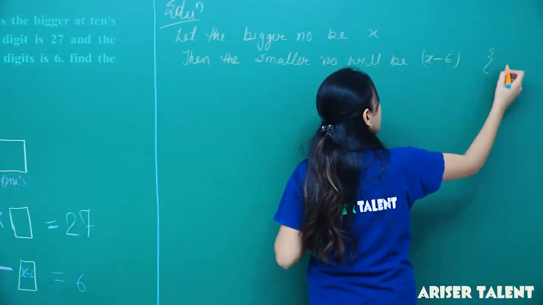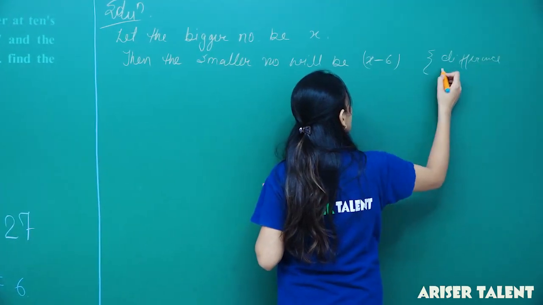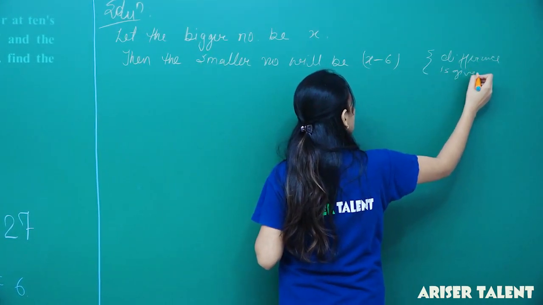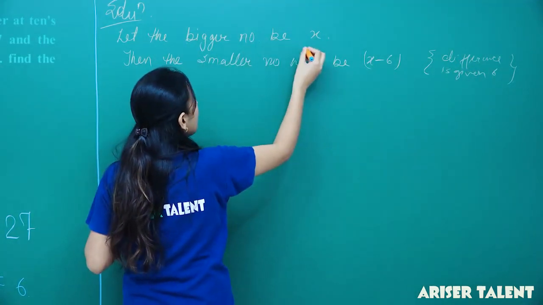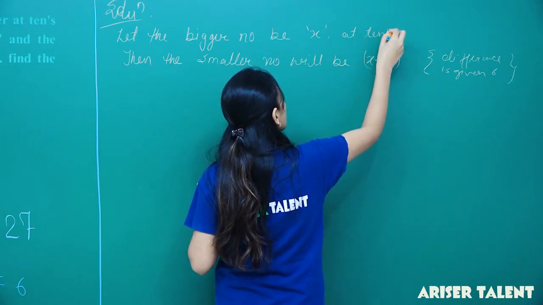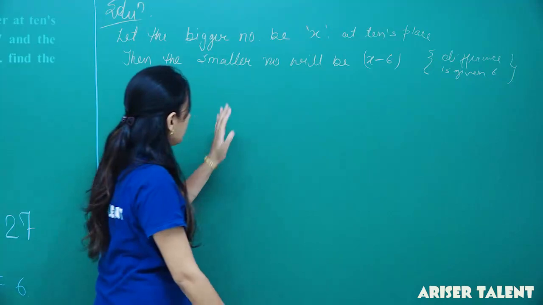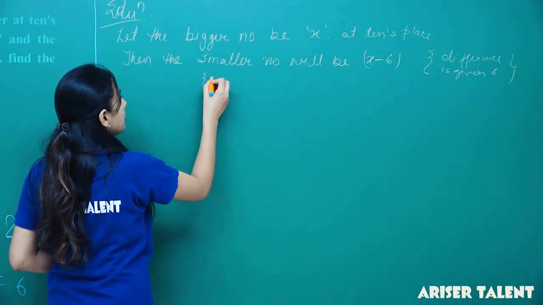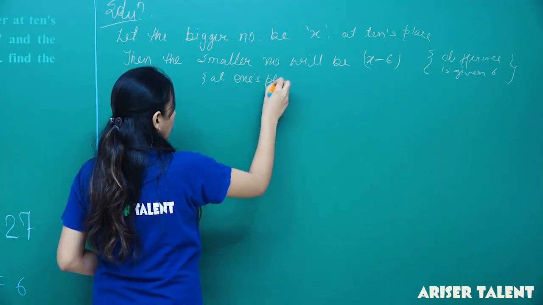Why? The difference is 6, as given. Now, the bigger number x is at the tens place, right students? And that will be at the ones place.